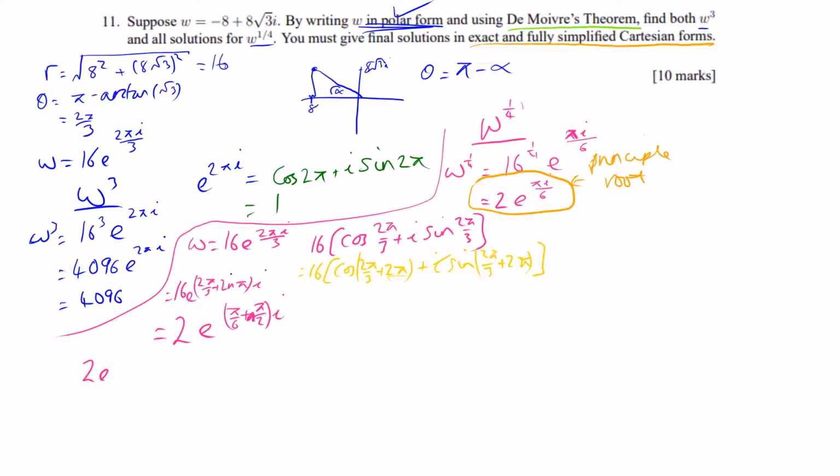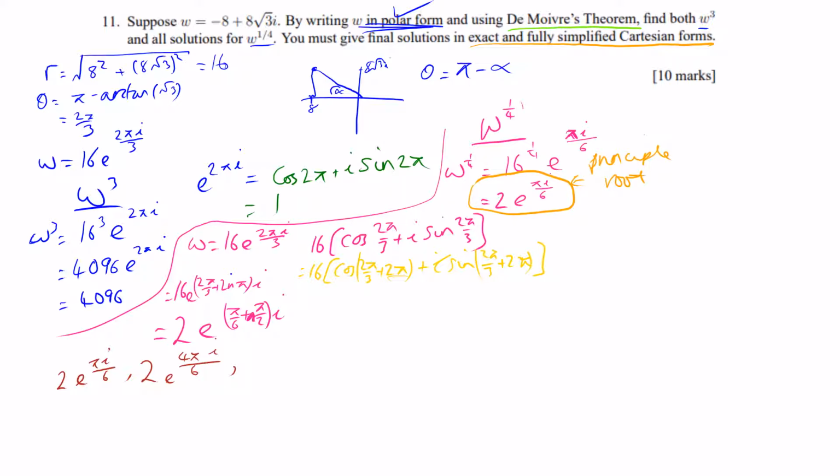We've got our principal root. Let's do this in a different colour actually, brown. So principal root 2e to the pi i by 6 for when n equals 0. We can then have 2e to the 4 pi i by 6 when n equals 1.